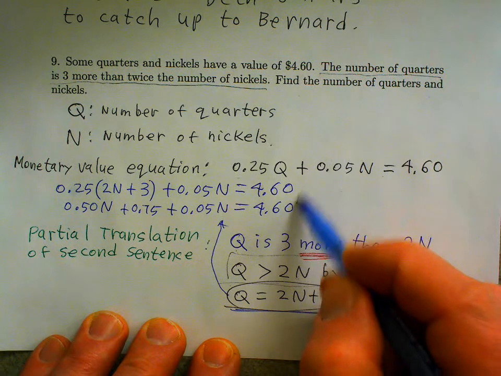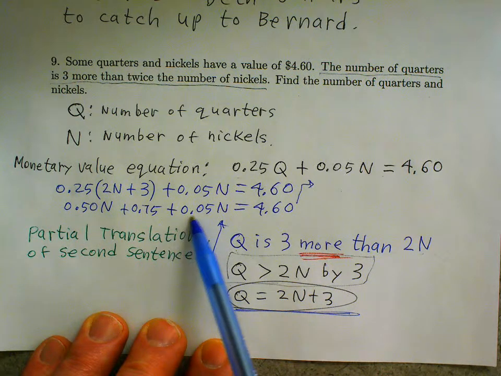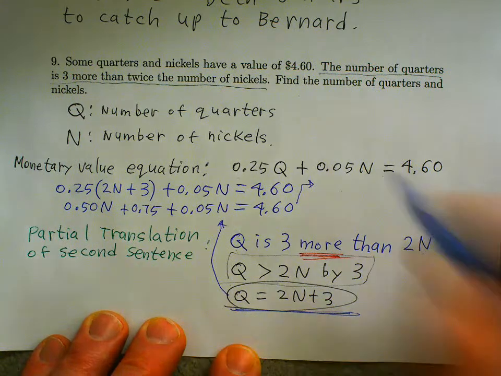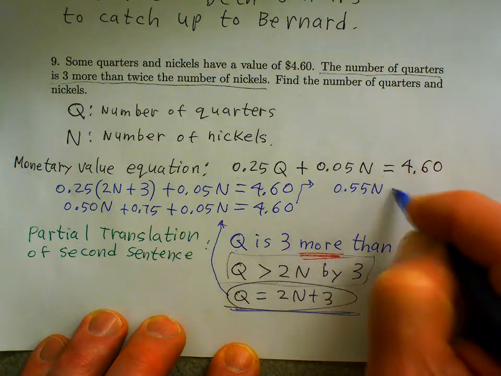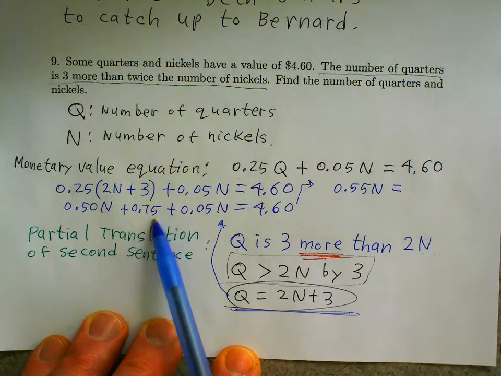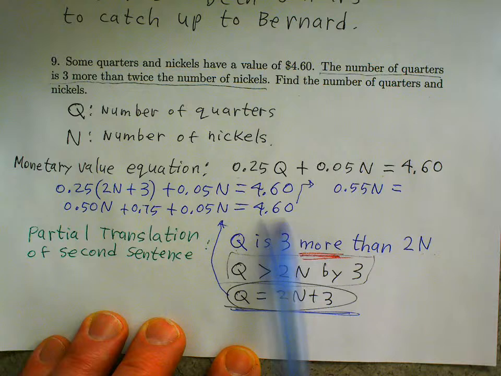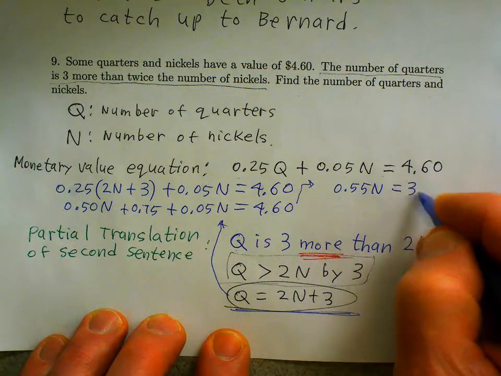In the next step, we can do 2 things at once. We can add the like terms, 0.50N plus 0.05N, that is 0.55N. And we can also subtract 0.75 from both sides. And when we do that, we get 3.85.